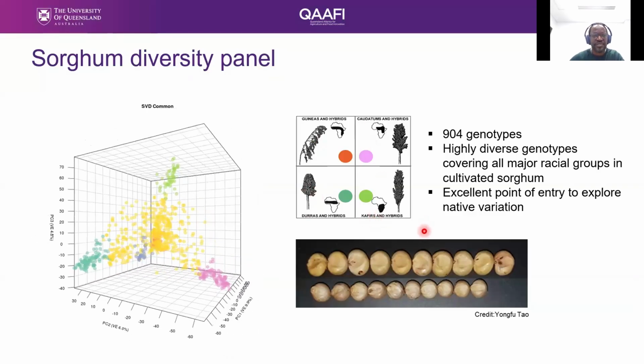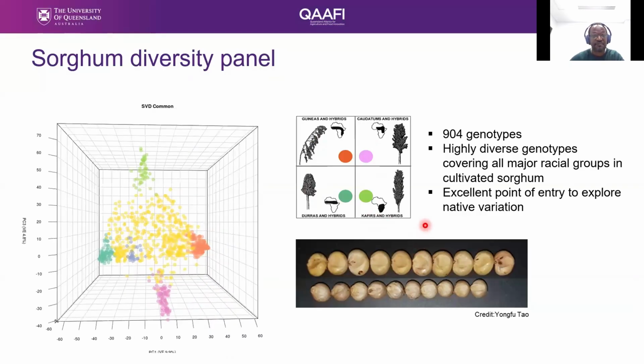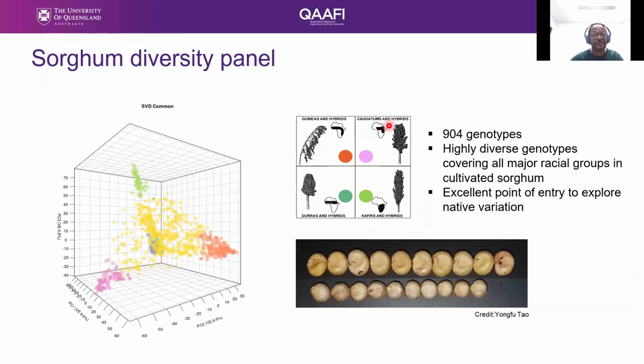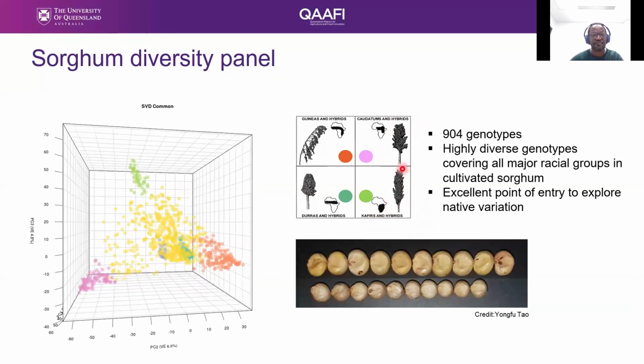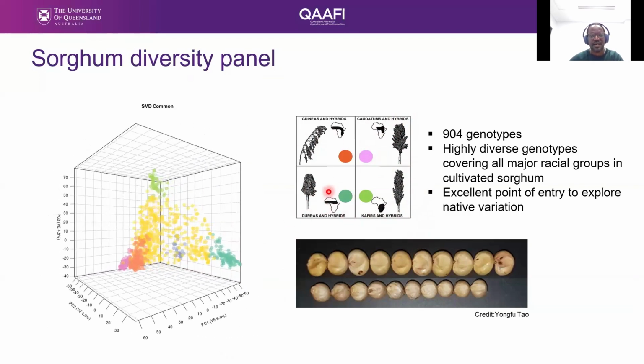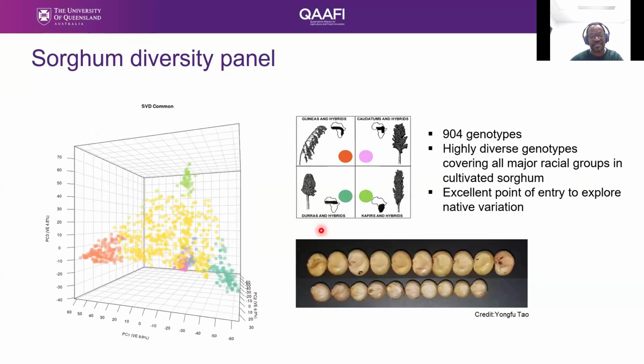And for the sorghum hybrids that are available commercially, they have been developed mainly using these two races, mainly the Kaffir and the Caudatum. However, the Guineas and the Duras have been used to a very little extent in commercial hybrids.